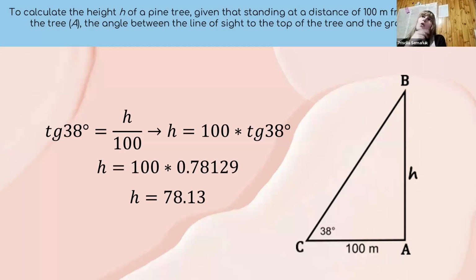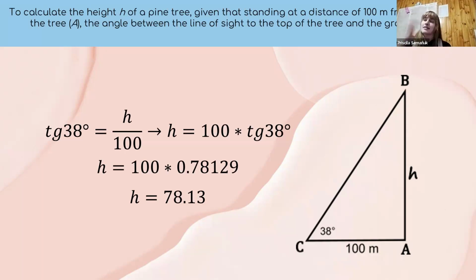So what relationship, sine, cosine, tangent, do I know that has a strict relationship between opposite and adjacent side? Tangent. So the tangent of 38 will be opposite over adjacent, h over 100 meters. So I work with it.